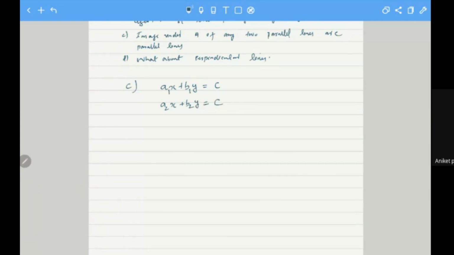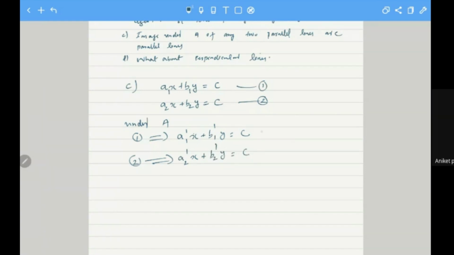In these, the coefficients will change, the c will remain the same. So under A, the first line will be A1 prime x plus B1 prime y equal to C. The second will be transformed as some A2 prime x plus B2 prime y equal to C.